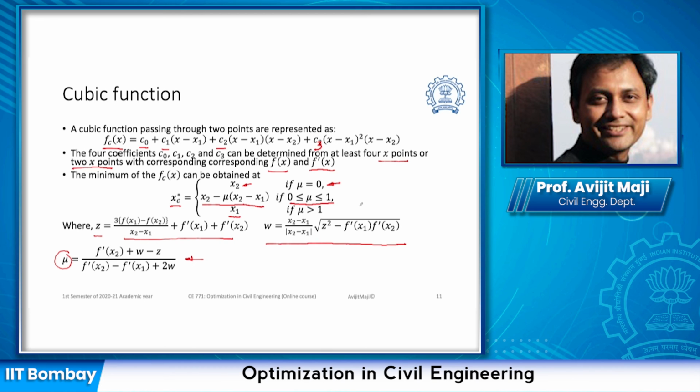Once we do that, we can find out the appropriate optimum value here, which we will use further like what we did for the quadratic function to come up with the new point.